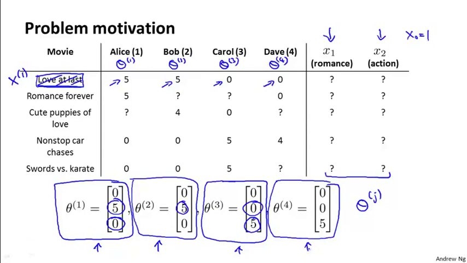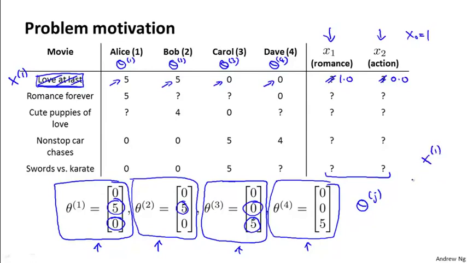And so based on the fact that movie 1 is loved by Alice and Bob and hated by Carol and Dave, we might reasonably conclude that this is probably a romantic movie, and it's probably not much of an action movie.